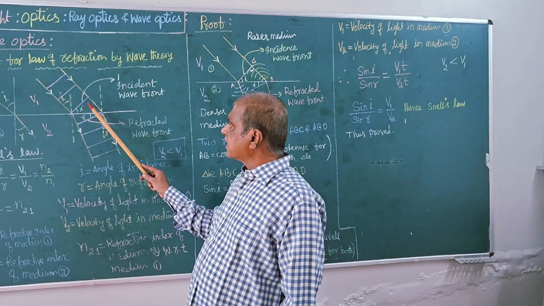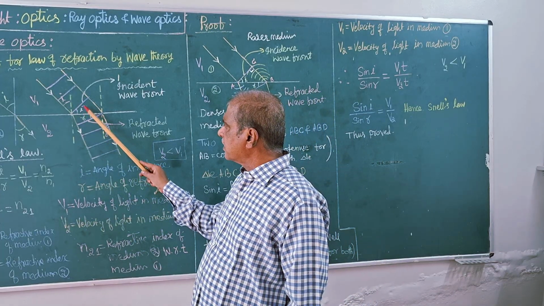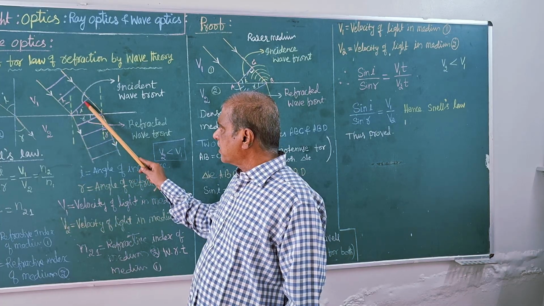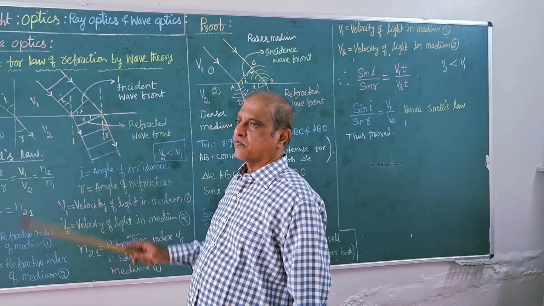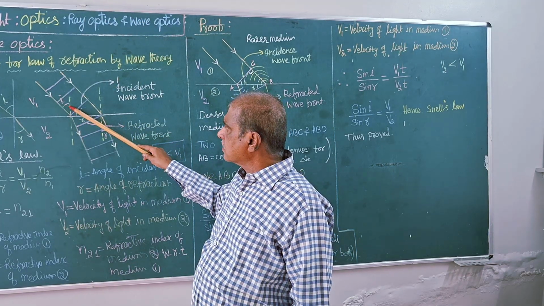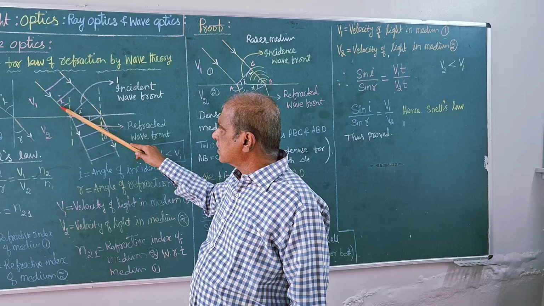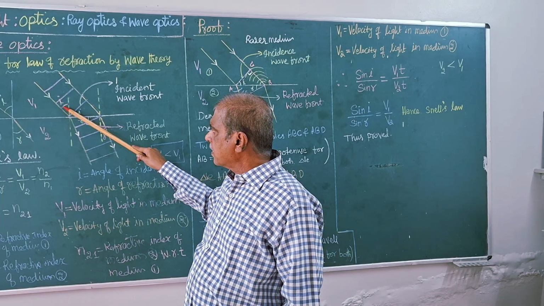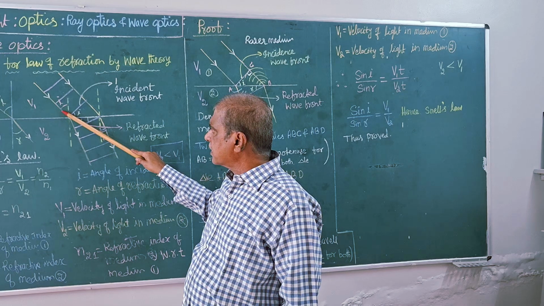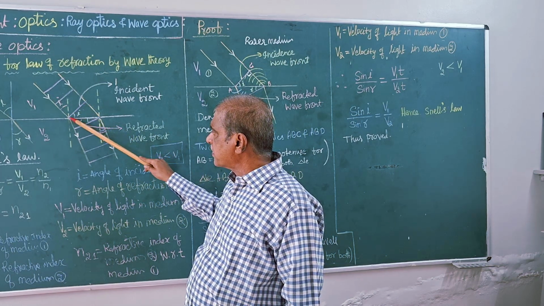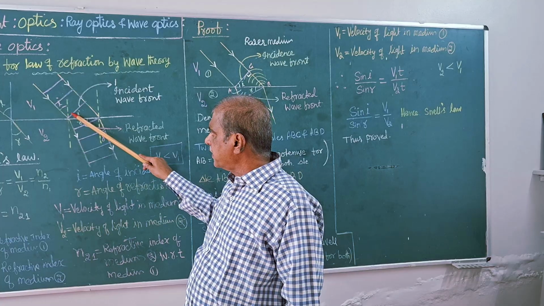In this case, the angle between this plane and this plane, the plane of the surface and the wavefront, is I, because we can calculate using this. As you know, this is an incident ray, you can consider this a normal. This is always I. And the angle between this ray and this line is always perpendicular, this is 90 degrees.